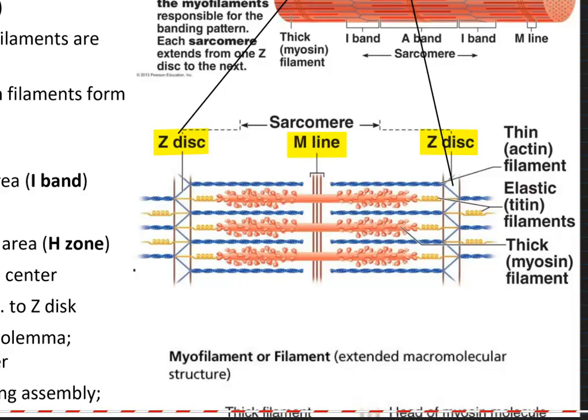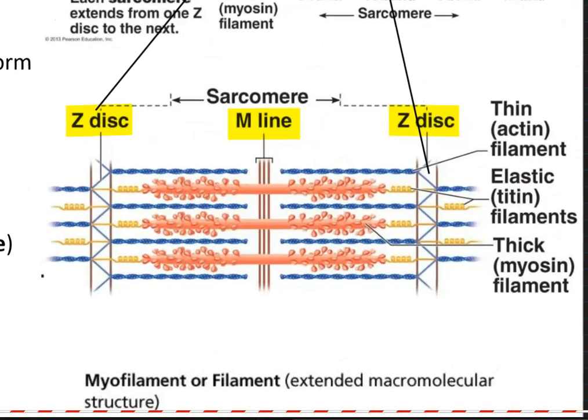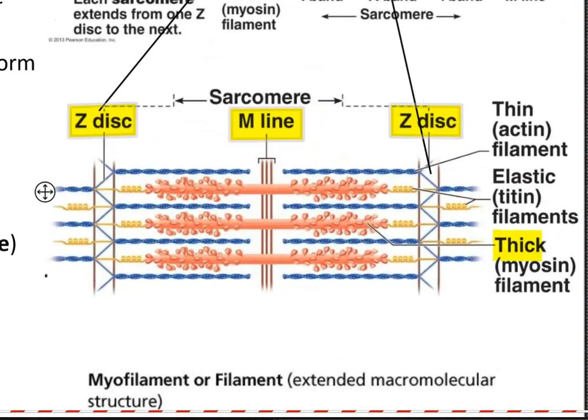It is an anchoring point for so-called thick filaments. The thick, red filaments that are attached to the M-line consist of a protein called myosin, while the blue, thin filaments that consist of a protein actin are attached to Z-discs.